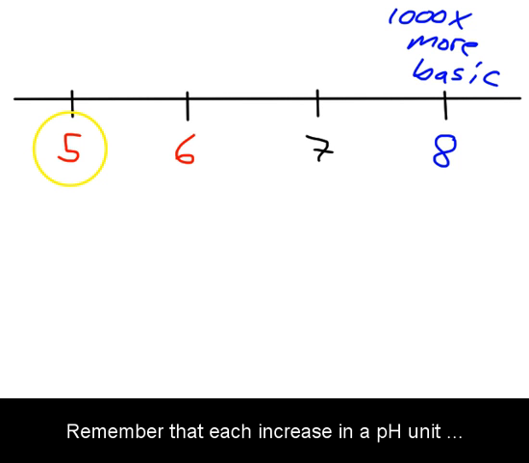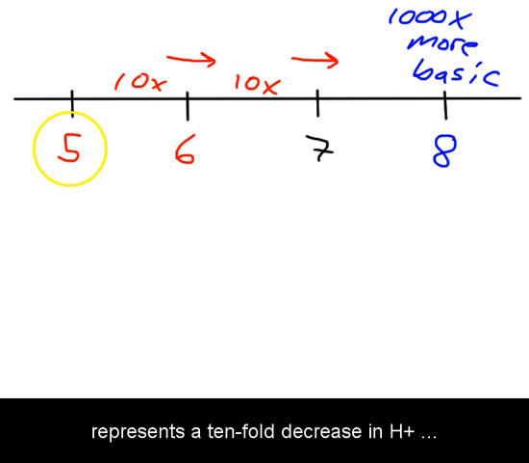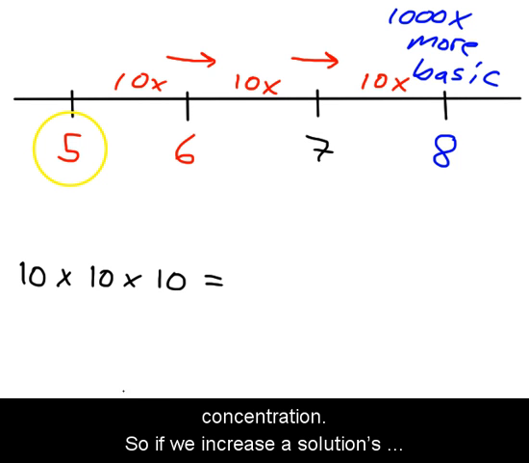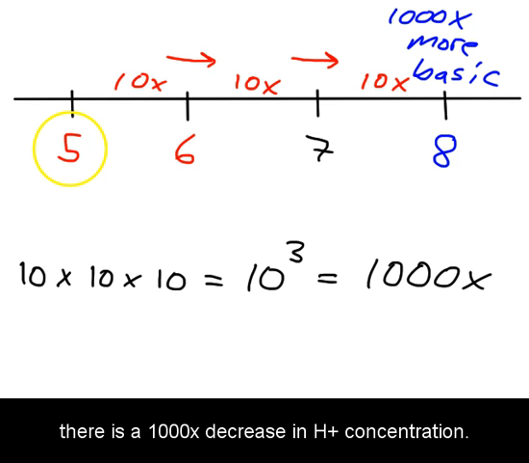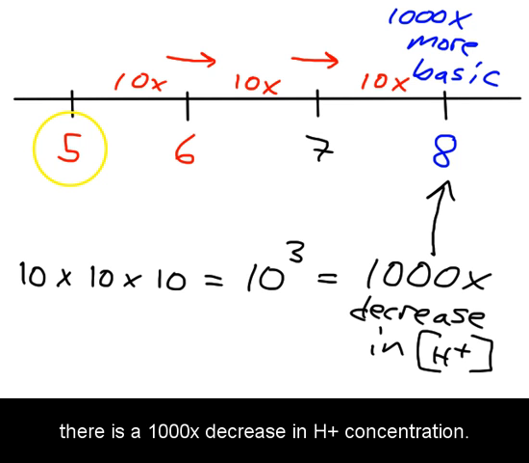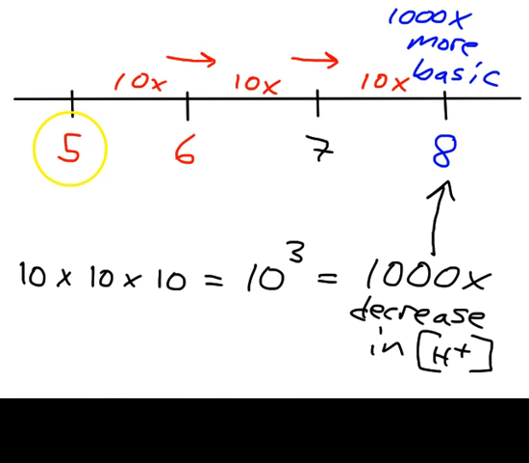Remember that each increase in a pH unit represents a tenfold decrease in hydrogen ion concentration. So if we increase a solution's pH by 3 units, 10 times 10 times 10, or 10 cubed, equals 1,000. So there is a 1,000 times decrease in hydrogen ion concentration.